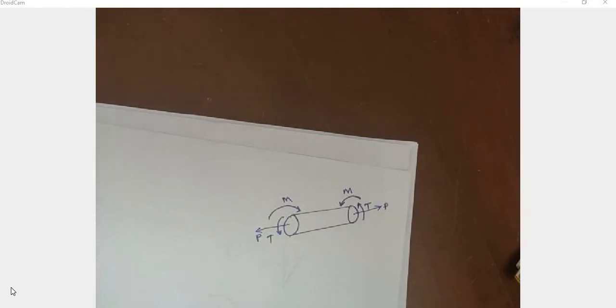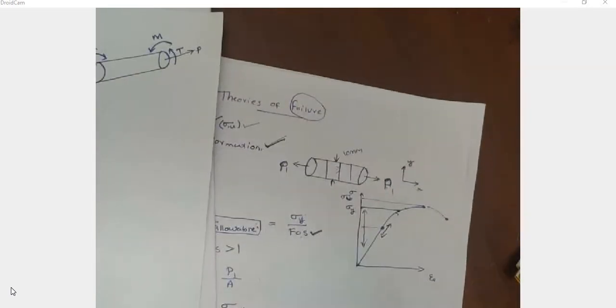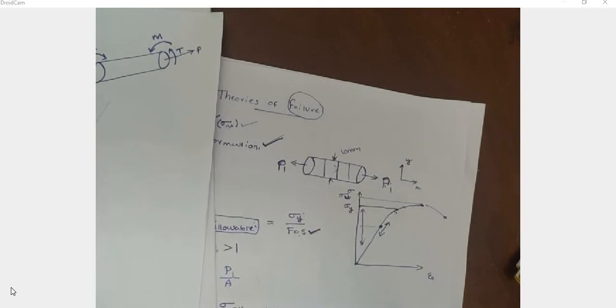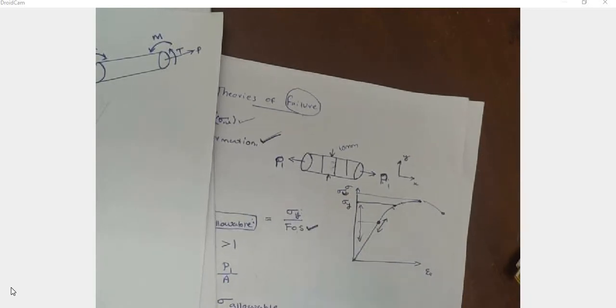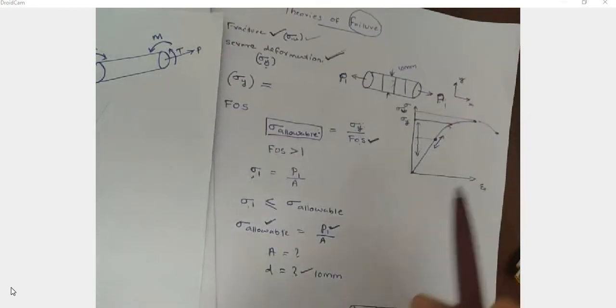In this condition it is very difficult to design this component. In the previous case it was very easy because we have only one load. We can plot a stress strain diagram, from this we can calculate sigma y, and from this we can easily calculate the diameter.